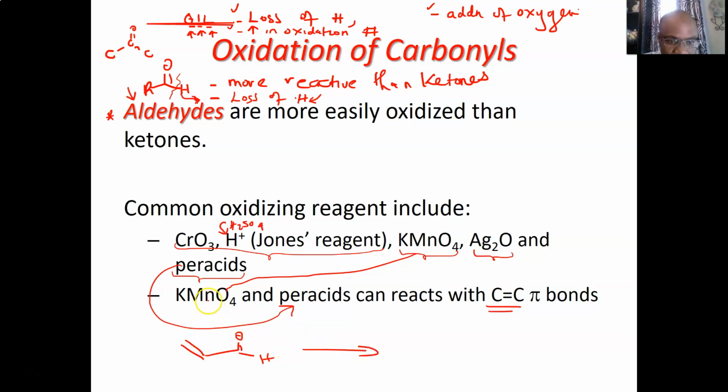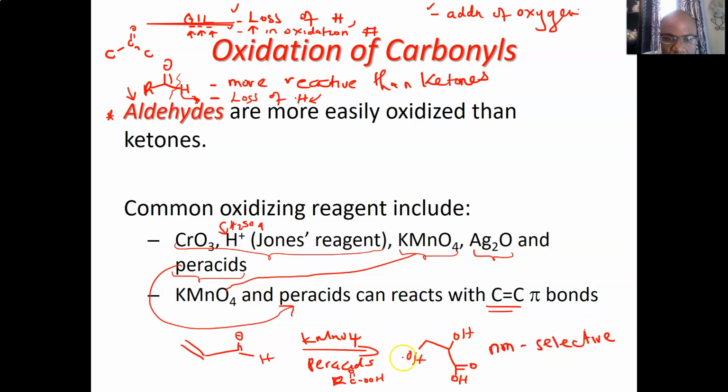So if you react KMnO4 and the peracid, if you're wondering what that is, it's just an R group with a carbonyl with 2 oxygens to a hydrogen, these guys will add OHs across the double bond to give you a diol, and at the same time they will oxidize the aldehyde to the carboxylic acid. So they are non-selective. They don't just react with the carbonyl. Also the double bond will react.